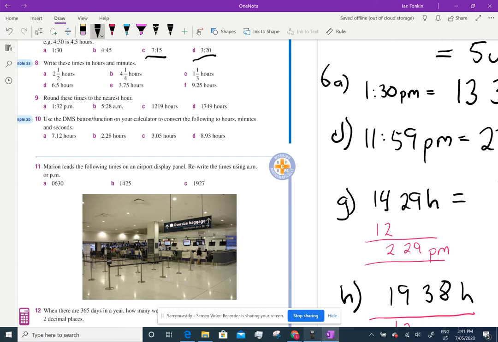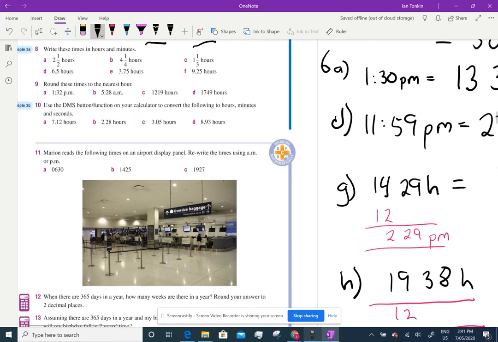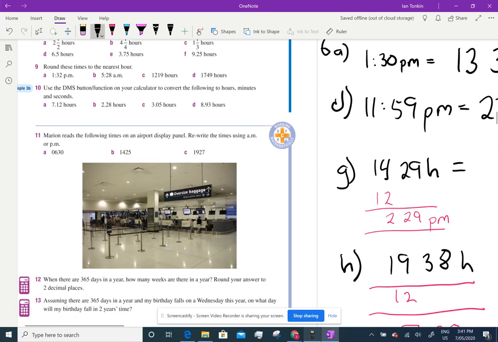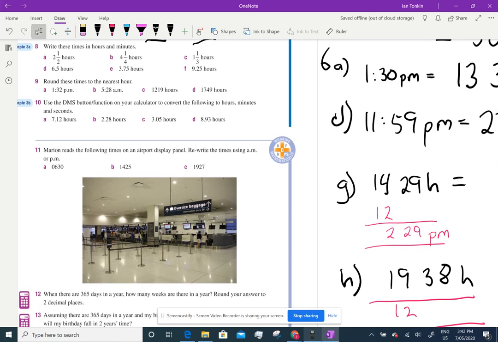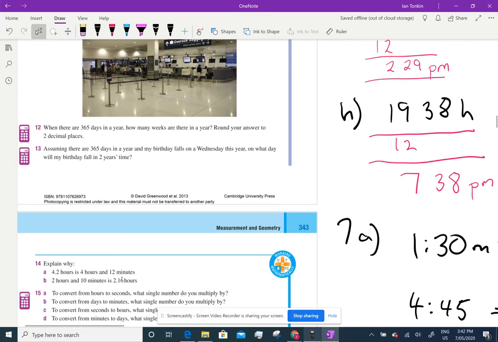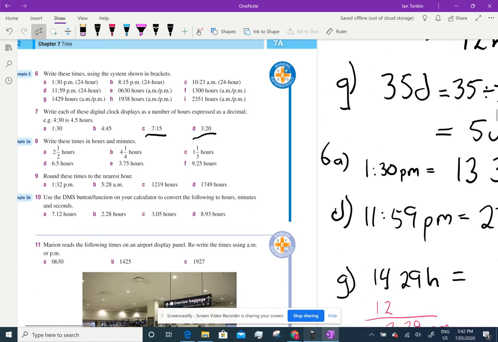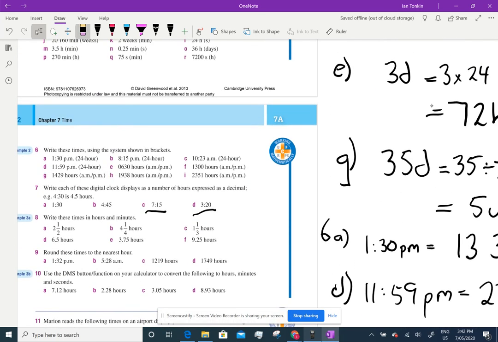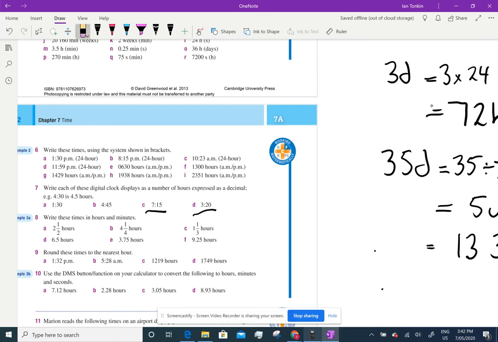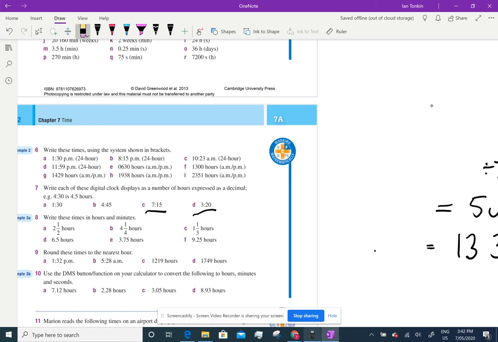Now, I'm going to show you a trick with doing 8, and it'll help after you've first had a go without a calculator, then we're going to do them with a calculator. So question 8, and I'm going to create some space here because I want to do it where I can see the questions. I've got to write these in hours and minutes.